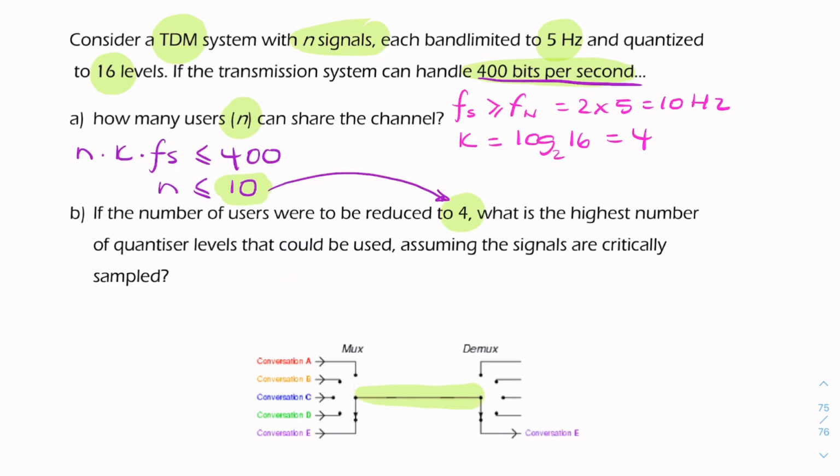16 levels. So we have n times k times fs is less than or equal to 400. So it says, assuming that we're not changing the sample rate. The sample rate remains 10 Hertz. What are we changing? We're changing n, the number of users.